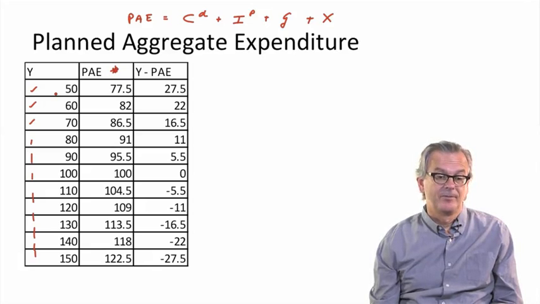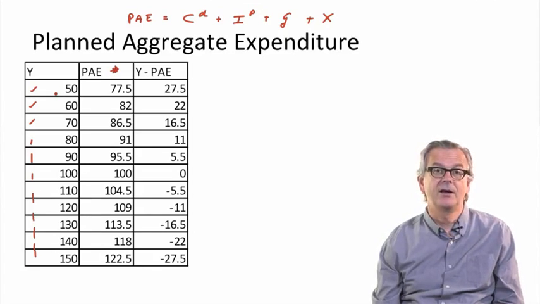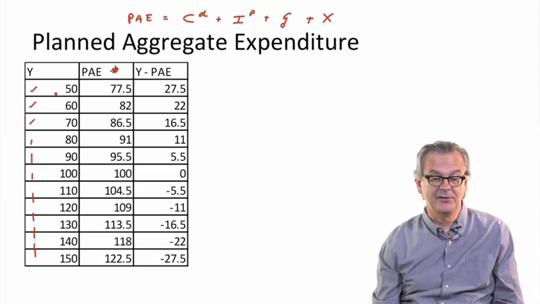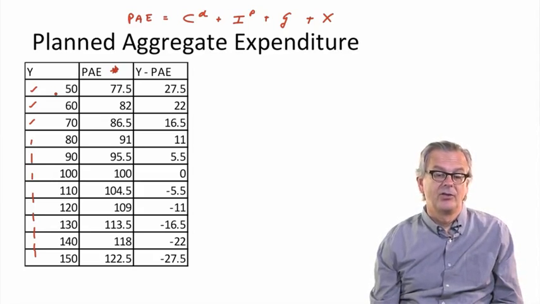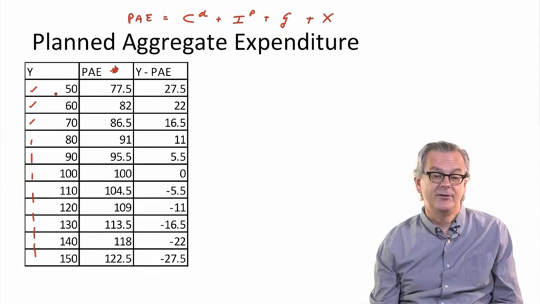Note the following. There is clearly a systematic relationship going on here between planned aggregate expenditure and income. The higher is income, the higher is planned aggregate expenditure. The third column is particularly important. It shows for each and every one of these various income flows what the difference is between that flow of income.